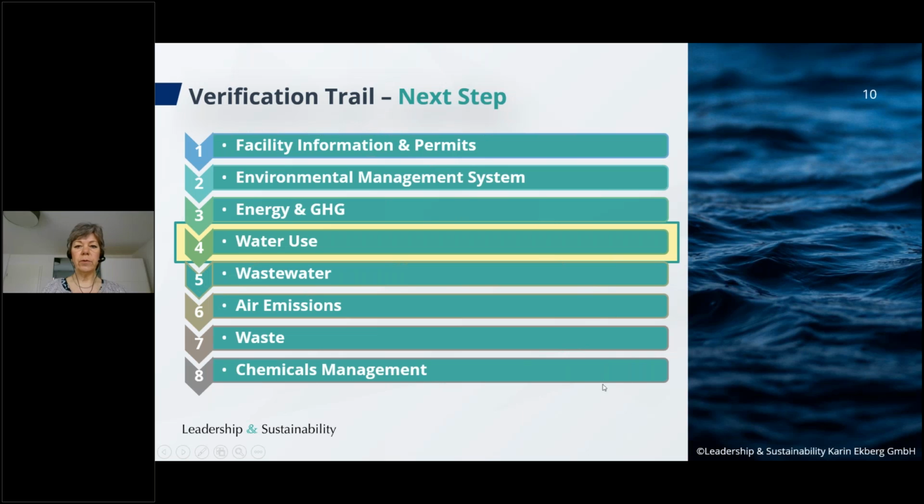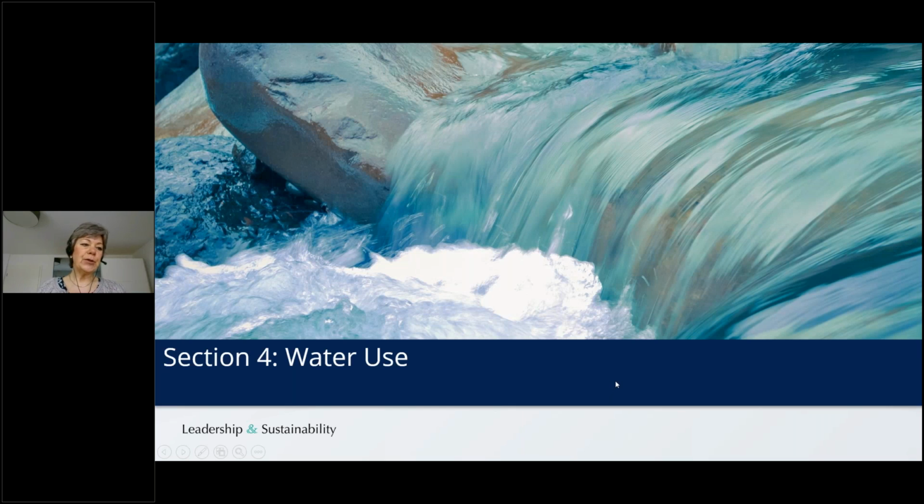And then the overview here. Those are all the sections we have in the Higg FEM, and today we will talk about the water section. So fresh water has always been a scarce resource for our planet, as 97.5% of all water is seawater or brackish water.